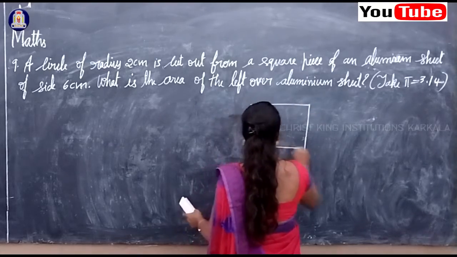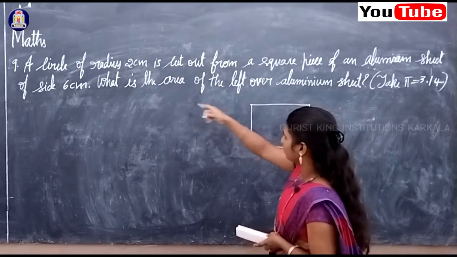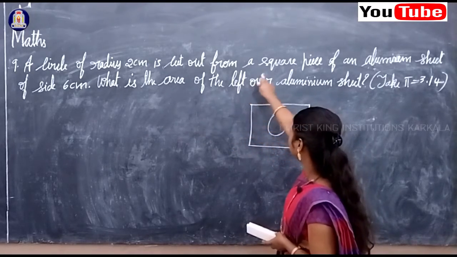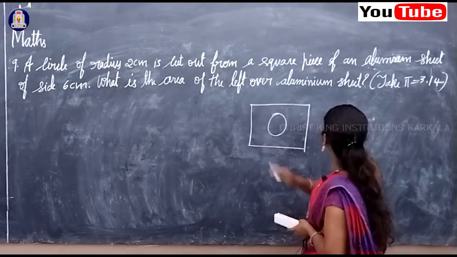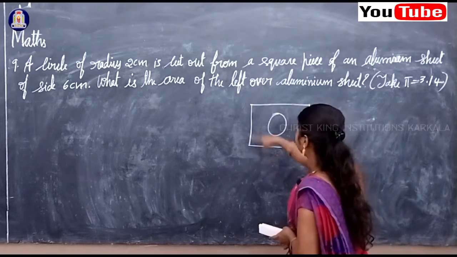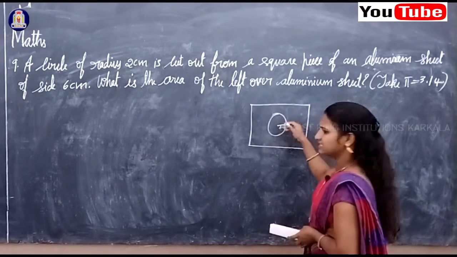This is the square aluminium sheet, and in it a circle of radius 2 centimeters is cut out.